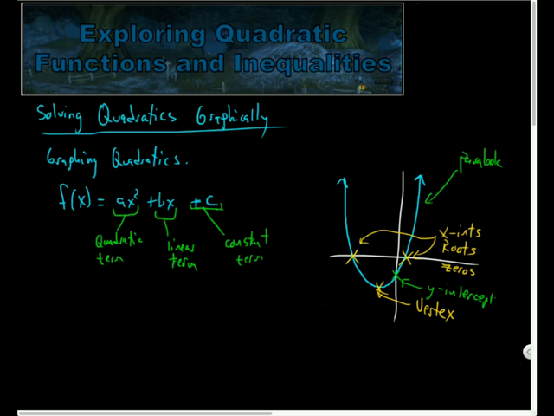Another thing about parabolas is that they have an axis of symmetry, where it's a mirror graph over this line. So this is called the axis of symmetry.